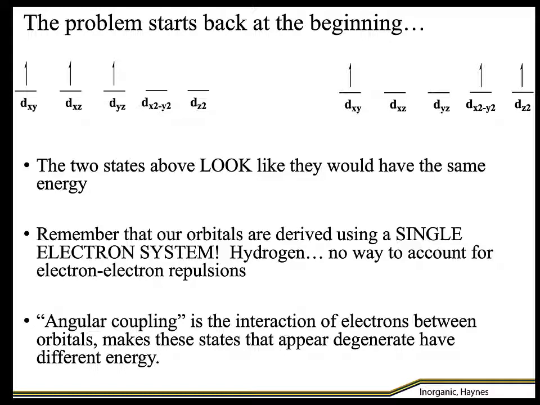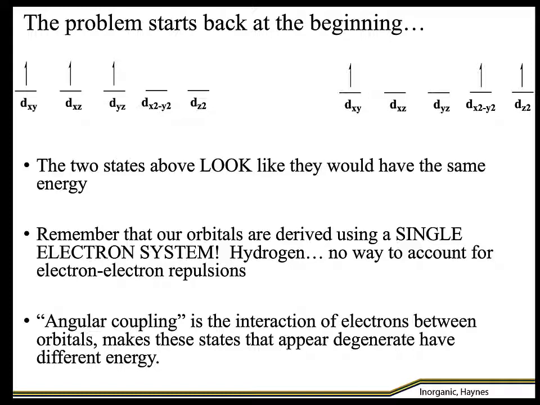And that's the fact that electron repulsions are an important factor in thinking about electronic structure. We can't solve the wave function in order to get a picture that accurately accounts for these electron-electron repulsions, but they do exist, which means these states that look degenerate might not actually be degenerate. They might have slightly different energies.